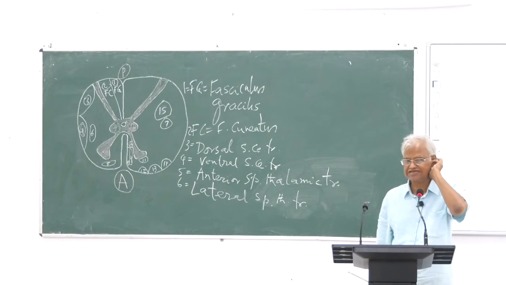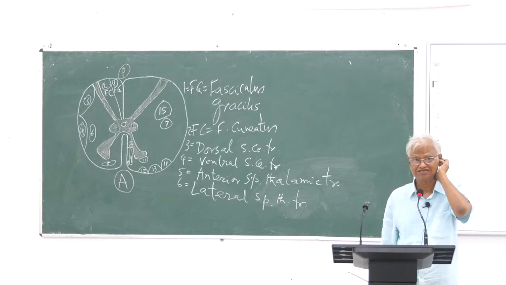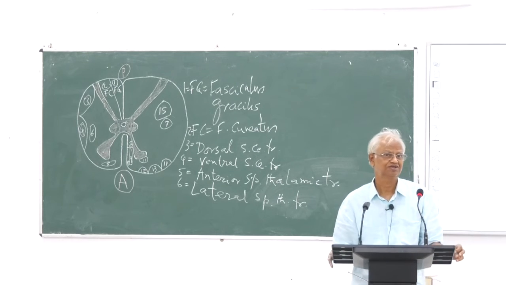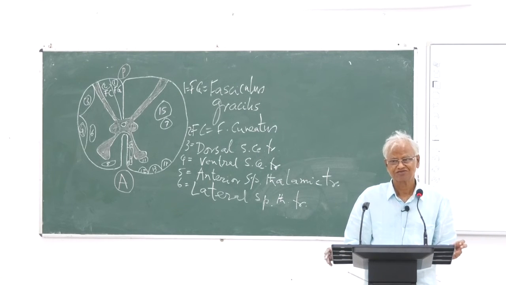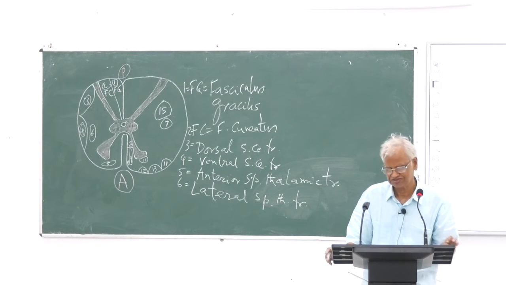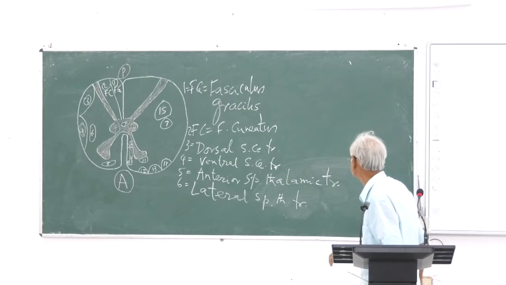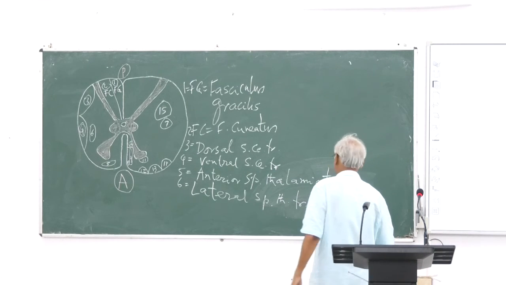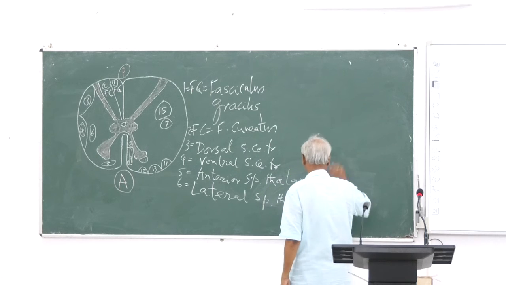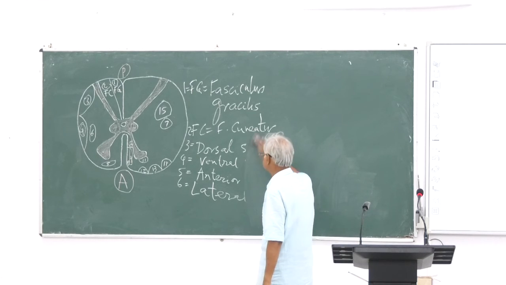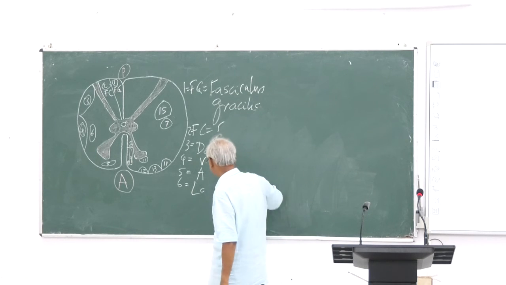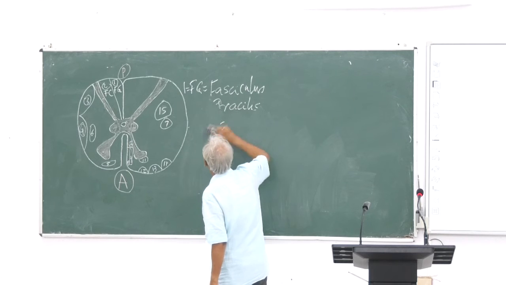So the first thing that happens, it is a very severe type of accident. So what will happen first? The patient is not conscious. Total loss of consciousness. So I am talking about complete transection of the spinal cord.